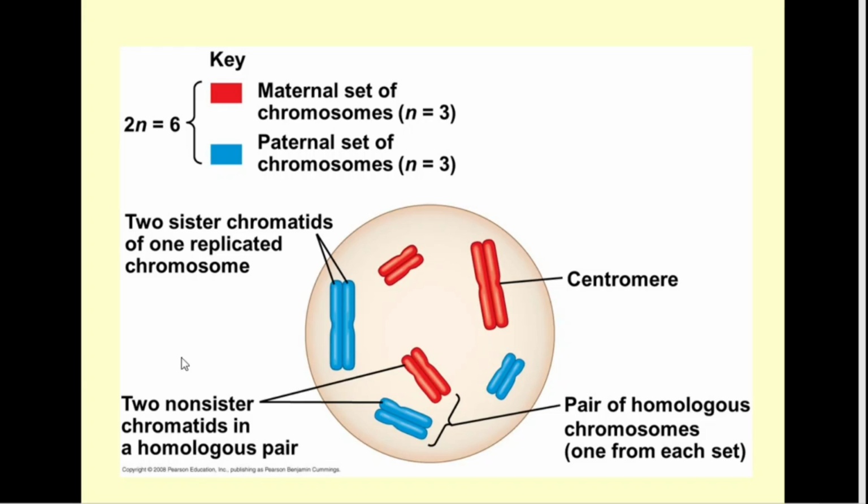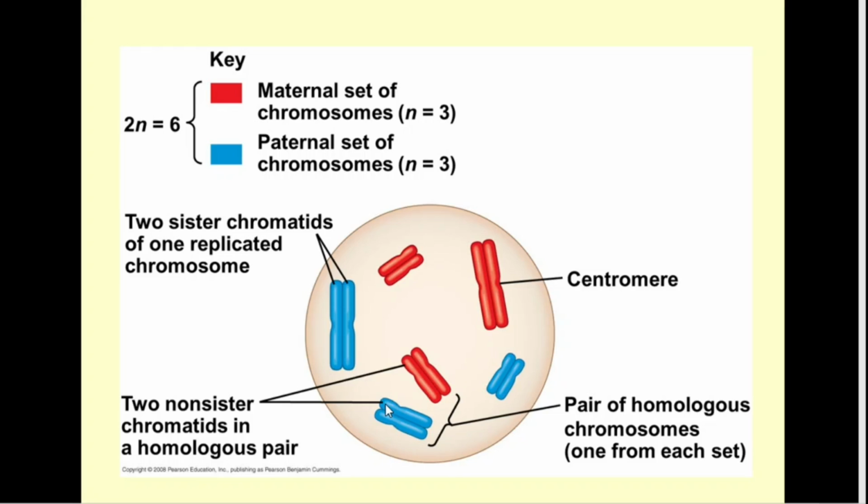And this last label down here: 2 non-sister chromatids in a homologous pair. Now that sounds like a real mouthful, but we can break it down and look at what it actually means. What we've got here is a homologous pair of chromosomes. The red chromosome was from mum, the blue one was from dad. These have already been through the S stage of interphase, so each chromosome consists of 2 sister chromatids.